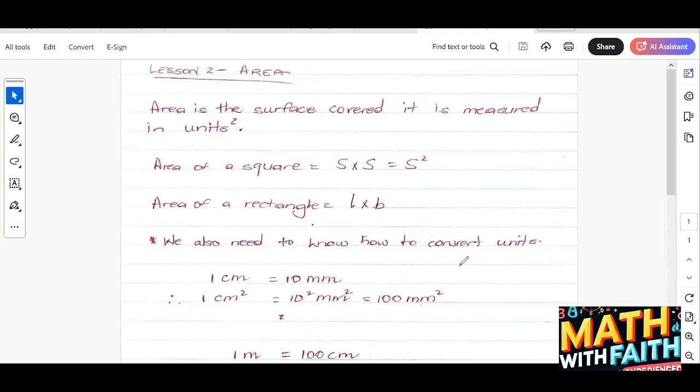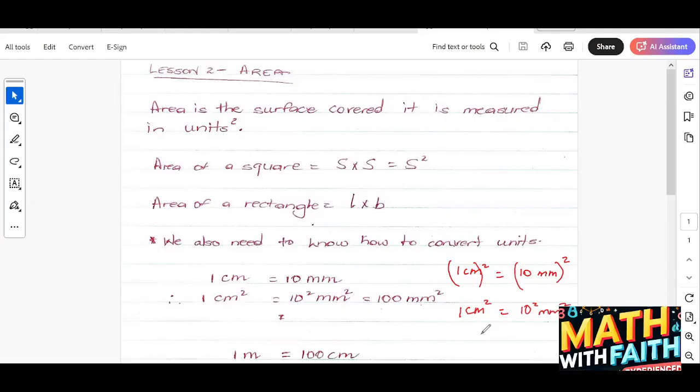So 1 centimeter squared is actually, you're squaring the whole centimeter, is equal to 10 millimeters, and you're squaring this whole thing. So 1 squared is 1, cm squared is 10 squared millimeters squared, because you're squaring everything.